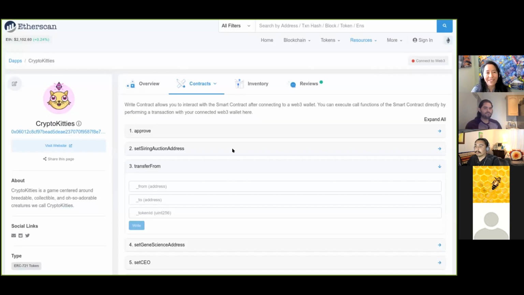For instance, here's CryptoKitties. You can actually go out to Etherscan, and you can view the full contract and see all the functions, everything that happens out there. So that's what they're talking about, transparency. And then you can also look at every single sale of these particular CryptoKitties in this case.